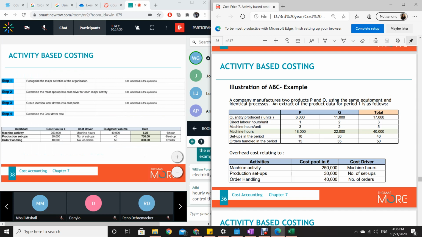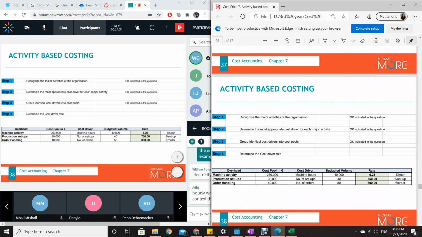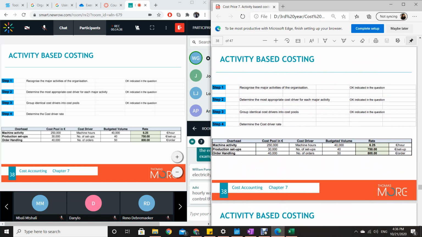Okay, here we go. Like I said, the first 3 steps are already more or less done. So how do we determine the cost driver rate? There is a cost driver and there is a cost driver rate. This is again like the ratio, like the key we used before. It's not a cost as such, it's a rate, it's a pro rata.